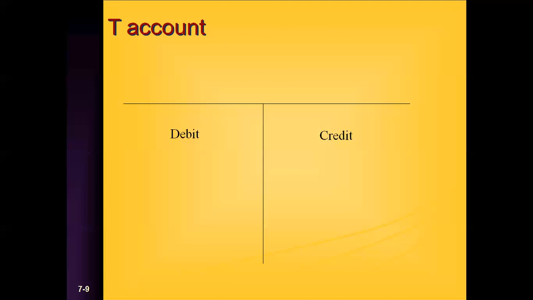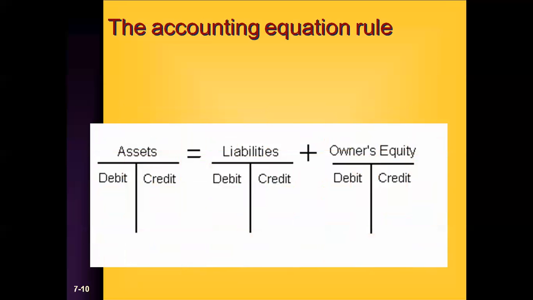So here again is an example of a typical T account. The debit signifies the left, as in the left-hand side of the account. The credit signifies the right, as in the right-hand side of the account.